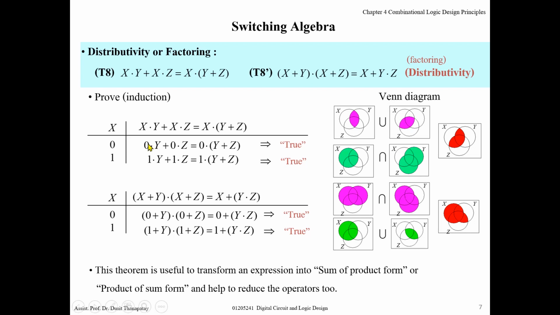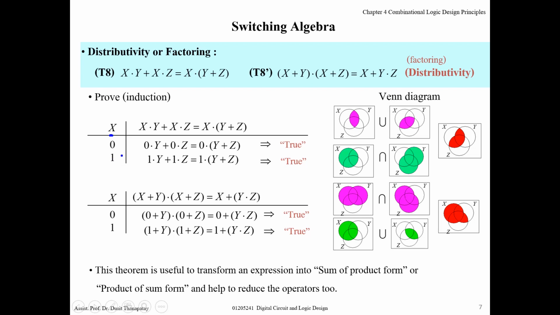How to prove? Actually you can prove by using perfect induction, by substituting all possible values of x, y, and z. 8 is the number of possible values for 3 variables. Anyway, actually you can prove by substituting only one variable, and if that statement is true for all cases, you can conclude that this theorem is true.